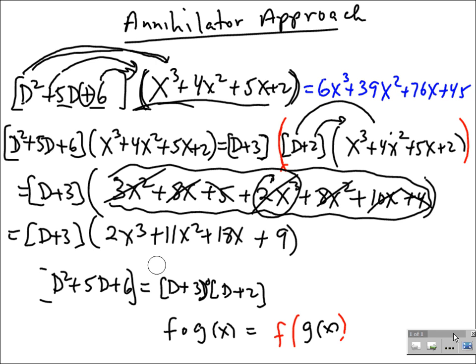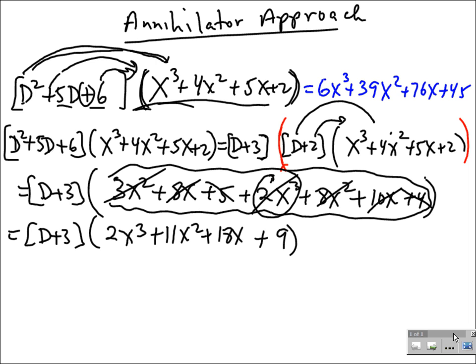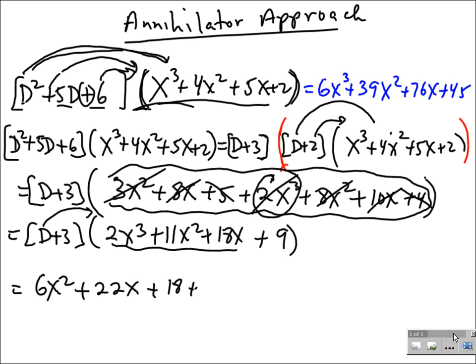So now we're ready to operate on that polynomial with d plus 3. That is, first I take the derivative of what's in this bracket, which is 6x squared plus 22x plus 18. And then I add on 3 times it. 3 times 2x cubed plus 3 times 11x squared plus 3 times 18x plus 3 times 7.